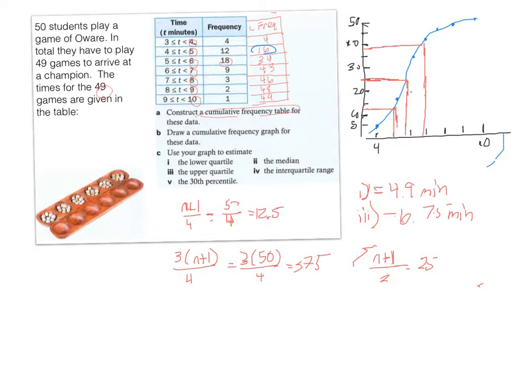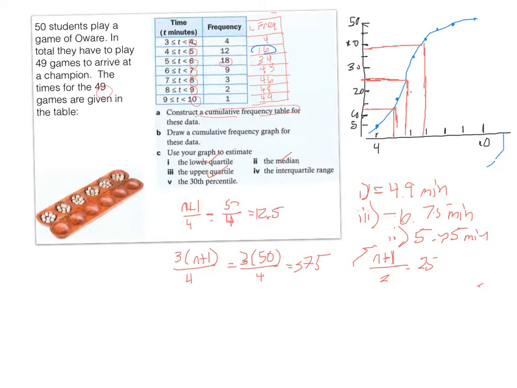So I got about 5, maybe 5.75. Okay, so the median is about 5.75 minutes. All right. So I've done lower quartile, I've done the median, I've done the upper quartile.